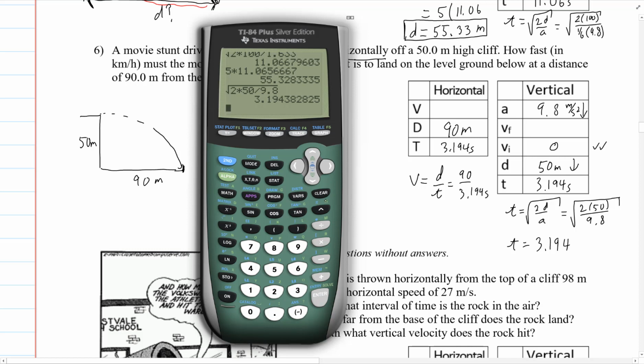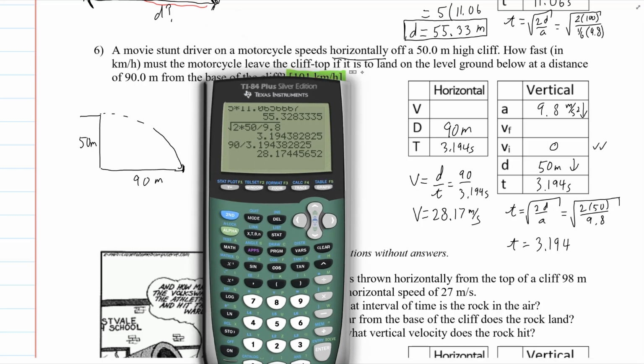We will take 90 divided by that number, and that'll give us the speed in 28.17 meters per second.